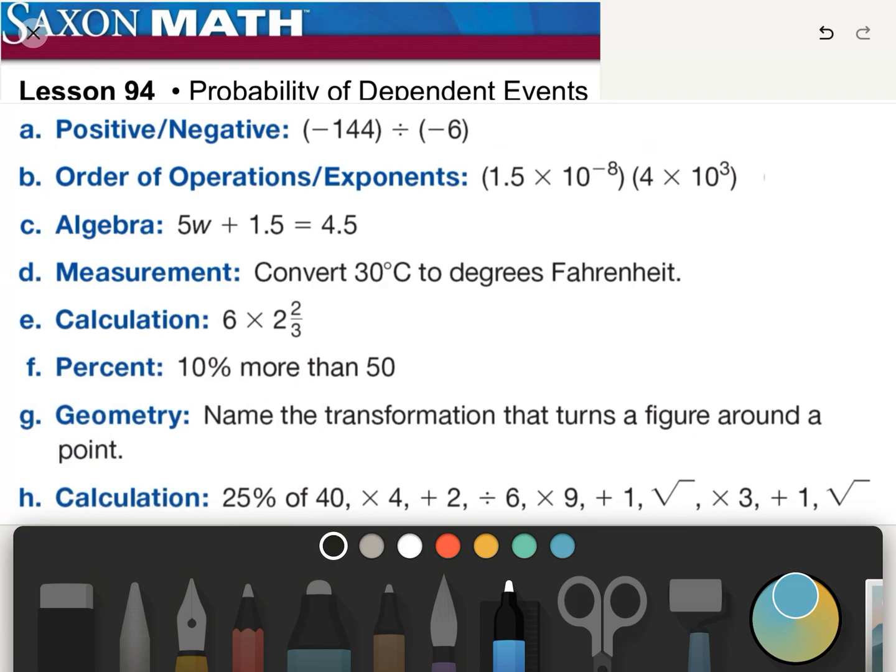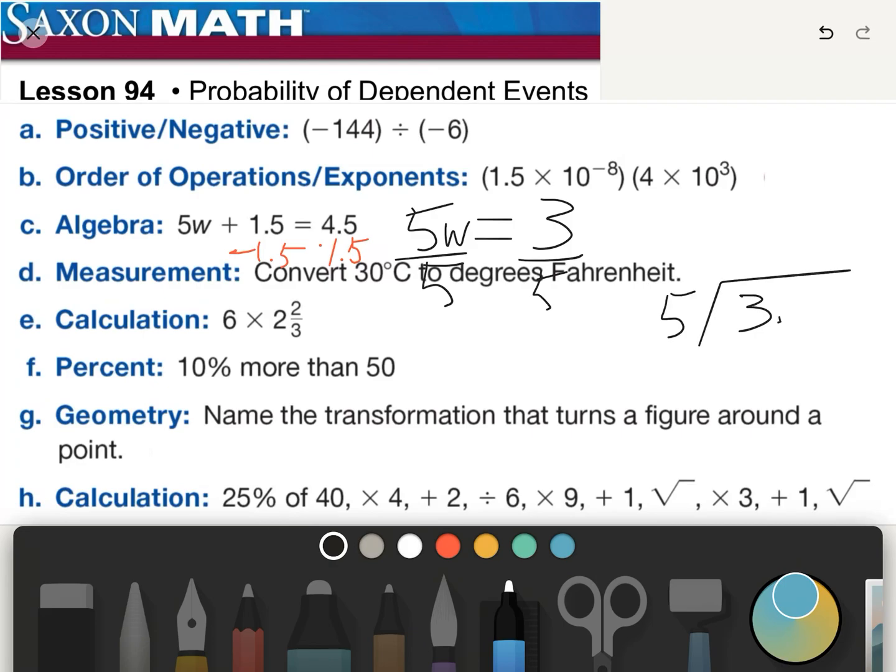Algebra! So subtracting 1 5/10 from each side is pretty simple. That just gets us 3. We divide each part of that by 5. So 3 divided by 5.